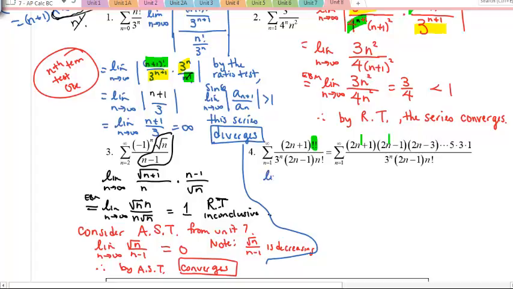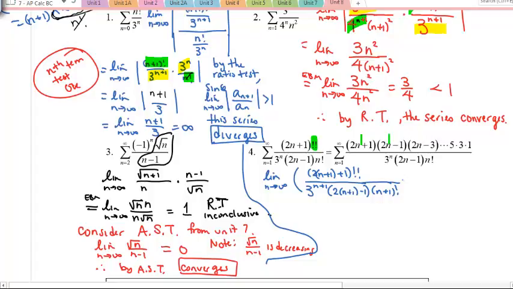Here we go. The limit as n approaches infinity of 2n, and this would be n plus 1, right? So I really should put 2 bracket n plus 1, plus 1, double factorial, divided by 3 to the power n plus 1, times 2 times n plus 1 minus 1, times n plus 1 factorial.